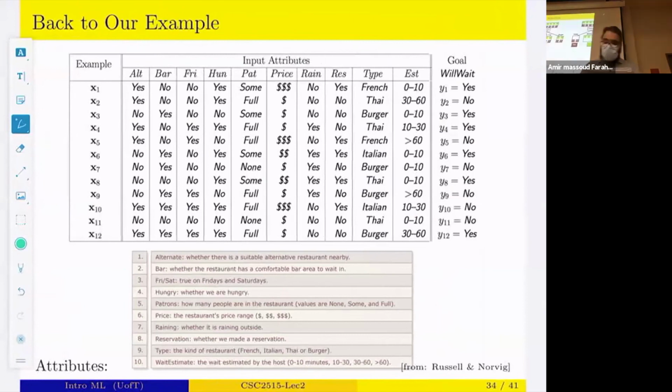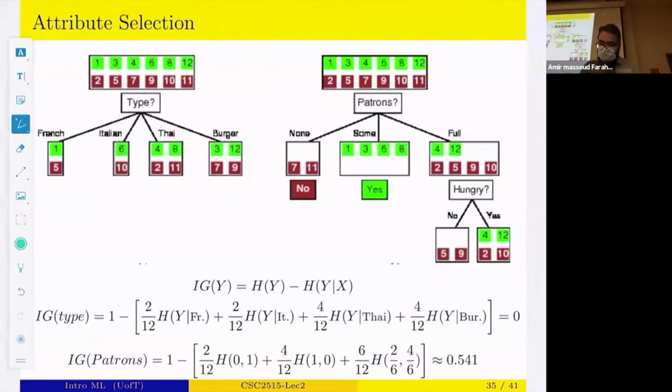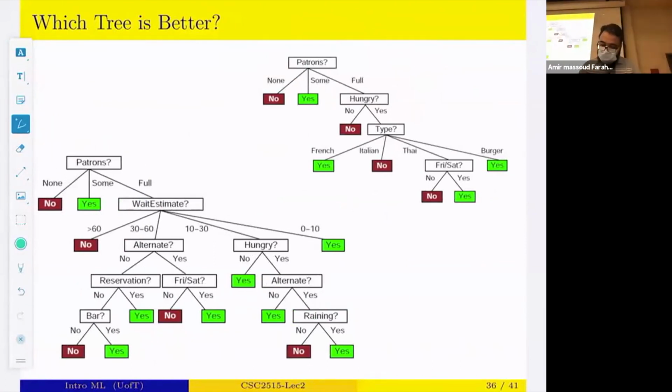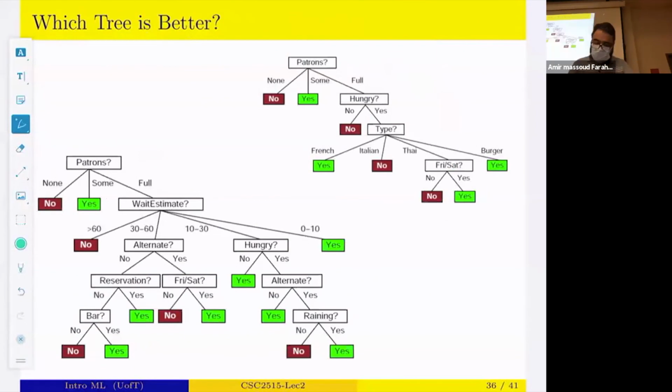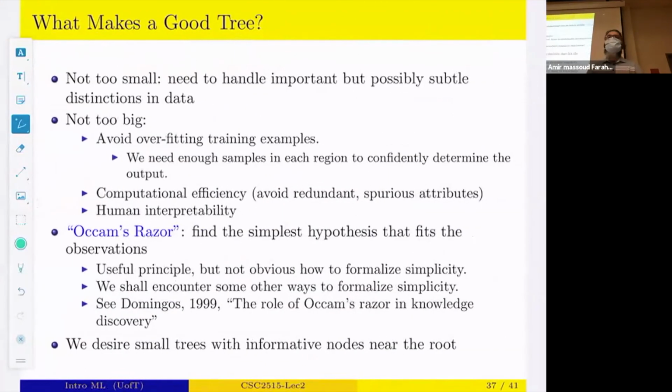Okay, going back to our example. You can read this; it is just a computation of what the information gain would be, doesn't matter. So there is this question of which tree is better. One tree is much smaller and the other is much larger. Usually we prefer a tree which is as small as possible, but can describe the data well enough.